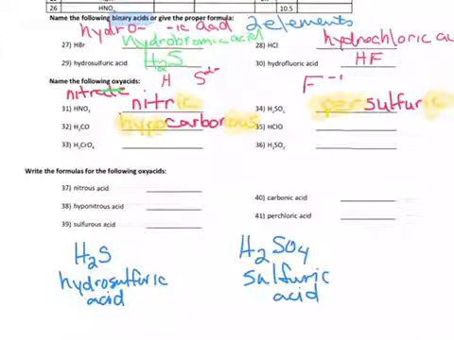Do you see the difference? Hydrosulfuric acid is only H2S, it's following the binary rules, it only has 2 elements. But sulfuric acid has the sulfate polyatomic. I have 2 hydrogens because it's a 2 minus. I saw a lot of people making mistakes on this. What would the formula for sulfurous acid be then? H2SO3.